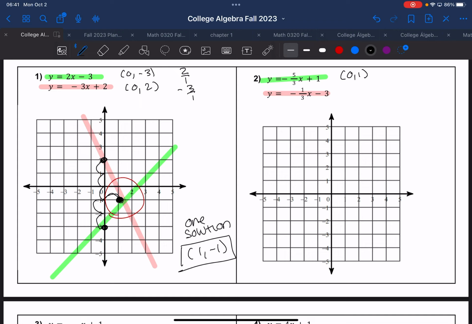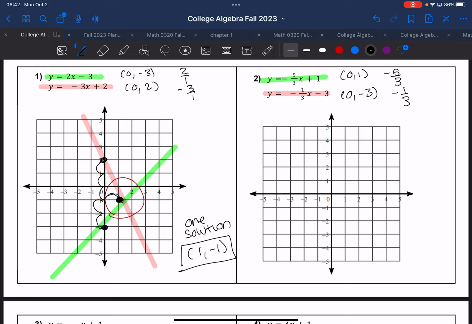And what about the slope? -5/3. Always the number in front of x. So for the other equation, what would be the y-intercept? Yep, 0, -3. We always write it as a point. And then what would be the slope? -1/3.